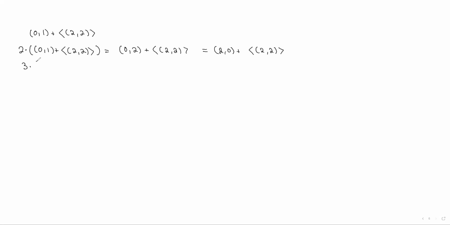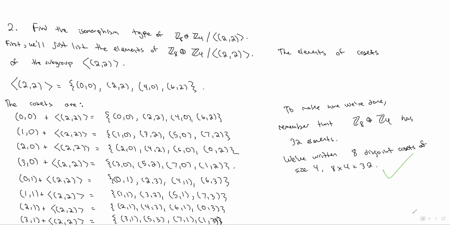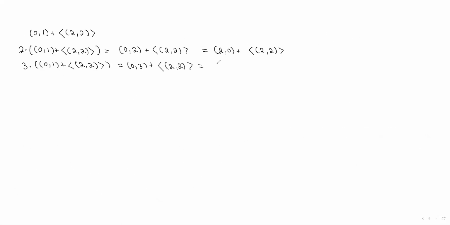And then 3 times (0,1) + <(2,2)> is (0,3) + <(2,2)>, which is one of the cosets here. Same thing as (2,1) + <(2,2)>.